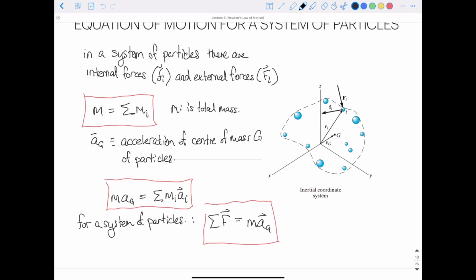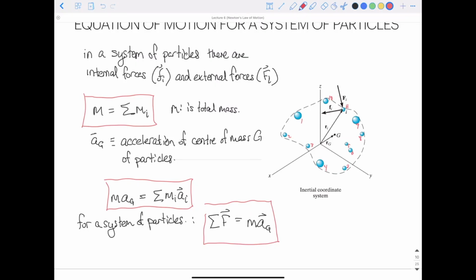So what is the i next to the m? So i stands for particle i. So each particle just has a subscript i. So this might be particle 1, 2, 3, 4, 5, 6, 7, and so on. So in this case, if there's 11 particles in our system, i would just be summing from 1 to 11. So when i is equal to 1, that's referring to particle 1.